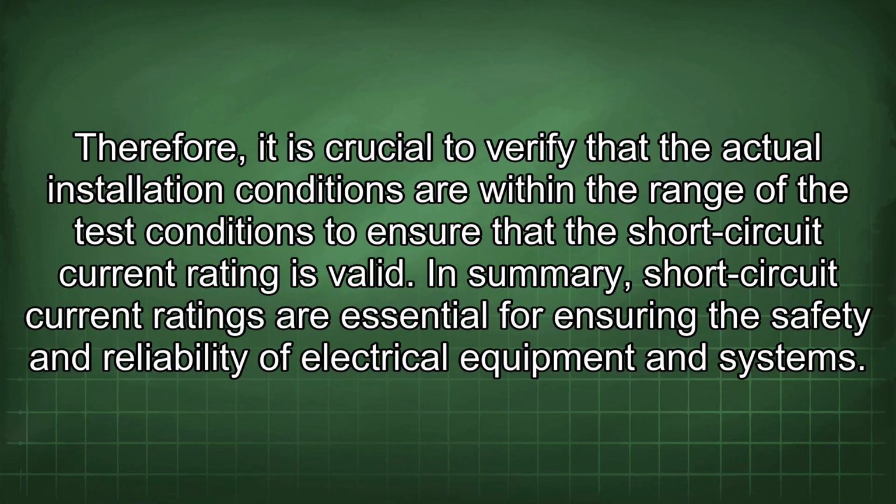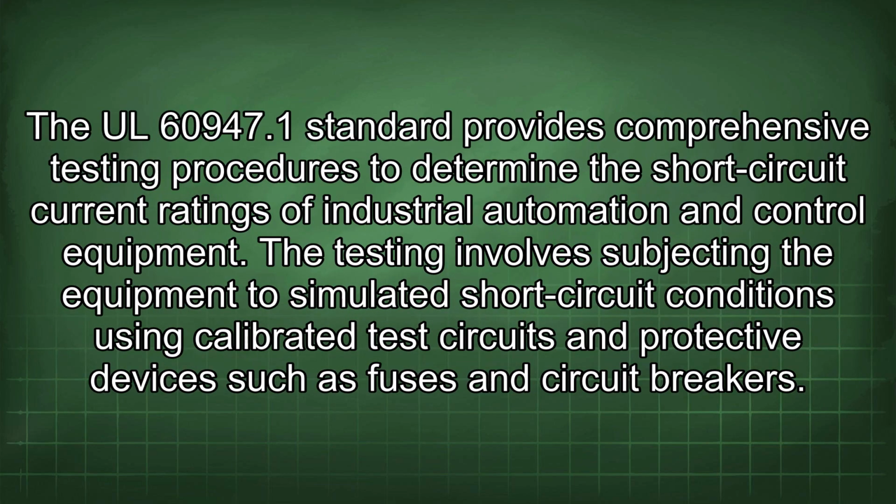In summary, short-circuit current ratings are essential for ensuring the safety and reliability of electrical equipment and systems. The UL 60947.1 standard provides comprehensive testing procedures to determine the short-circuit current ratings of industrial automation and control equipment.